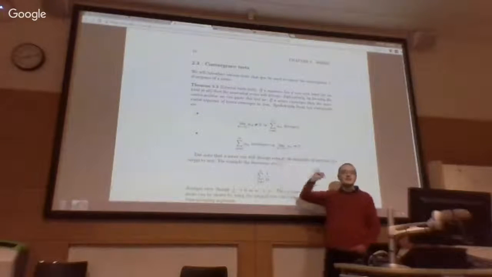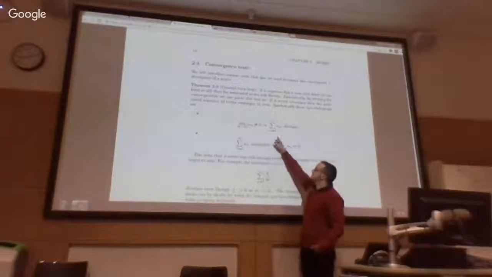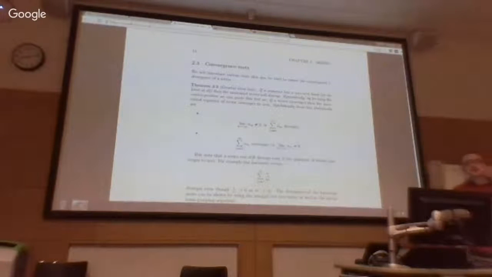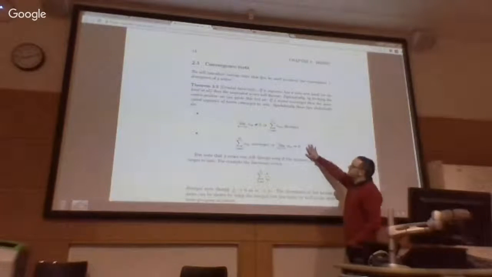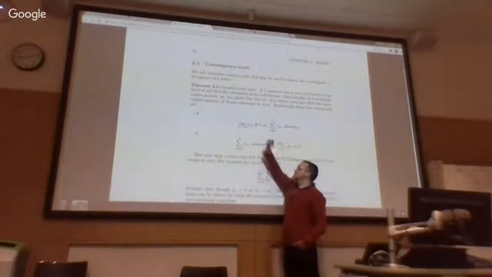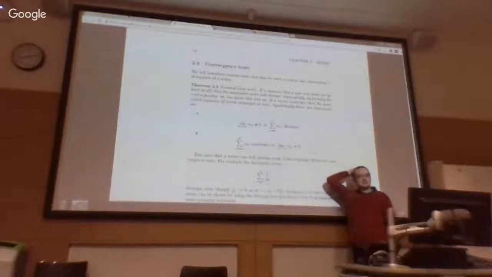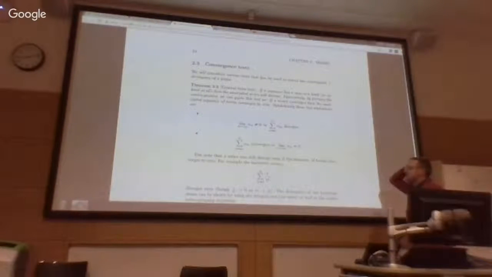Or, stated the other way around, if the sequence of terms does not converge to 0, the series is divergent. Two ways of saying the result. So this can be used as a tool for detecting divergent series. If you examine a series and you notice that the terms are not converging to 0, then the series is divergent. So it's like a divergent test.